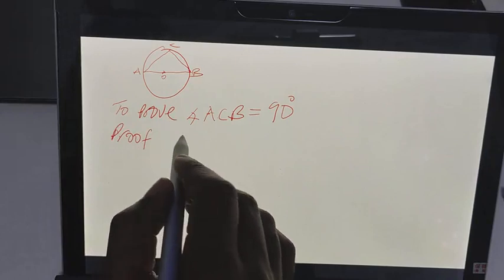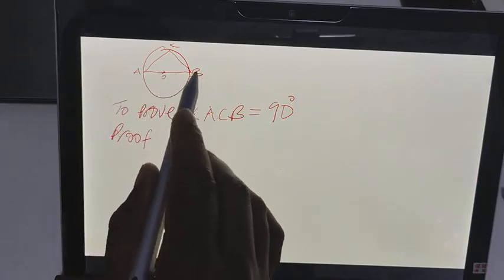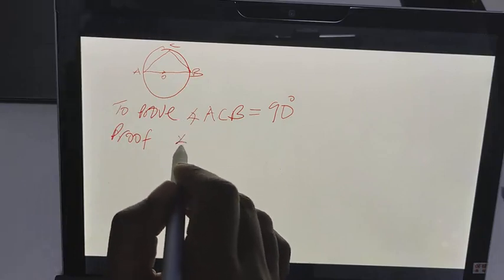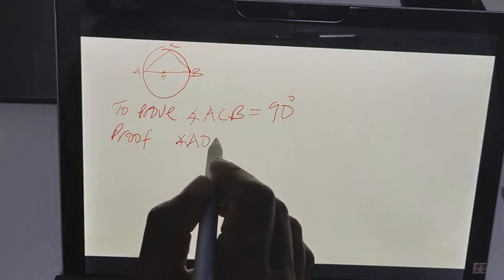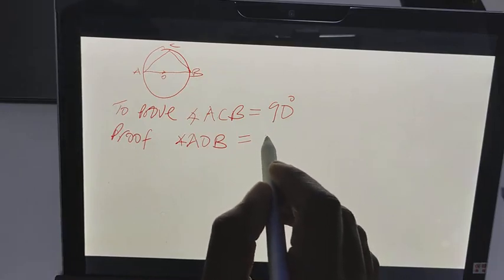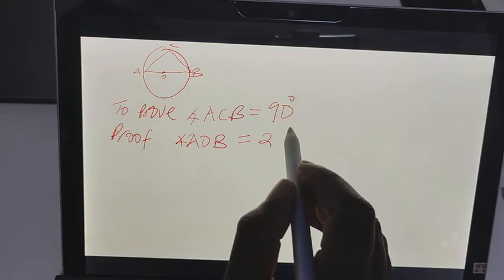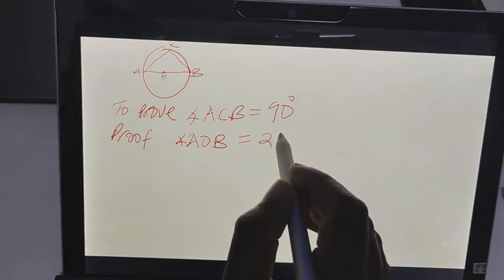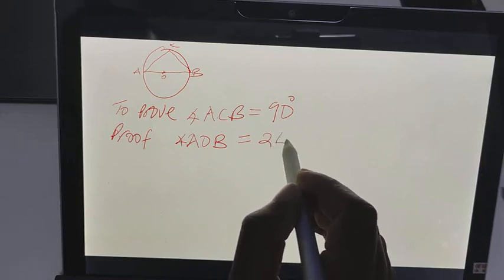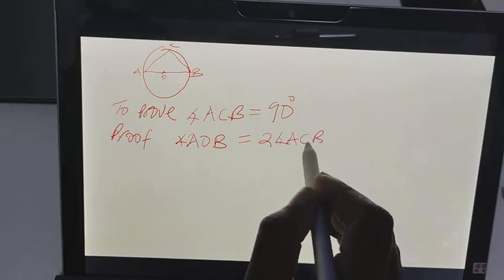If you look at this, we have angle AOB. Angle AOB should be equal to 2 angle ACB.